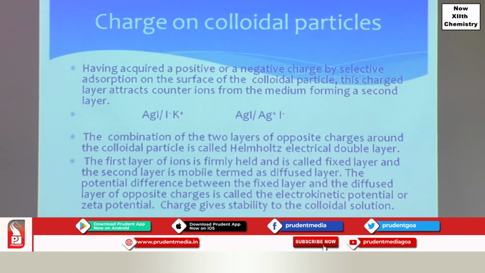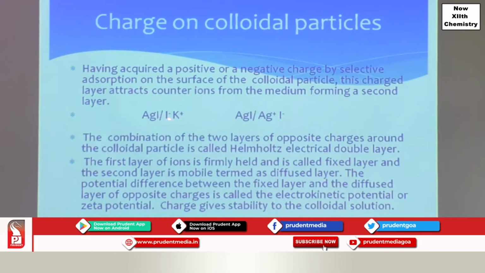Here, since two layers of the opposite charge are very much close to each other, the potential difference will be developed between the two layers. Here also the potential difference will be developed between the two layers. The first layer, which is present directly on the colloidal surface, is called the fixed layer and it is immobile, whereas the second layer is called the diffused layer and it is mobile.